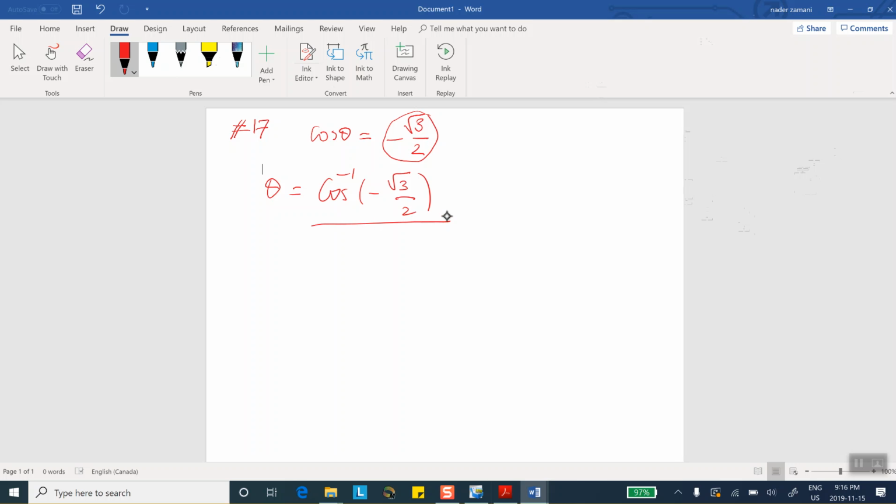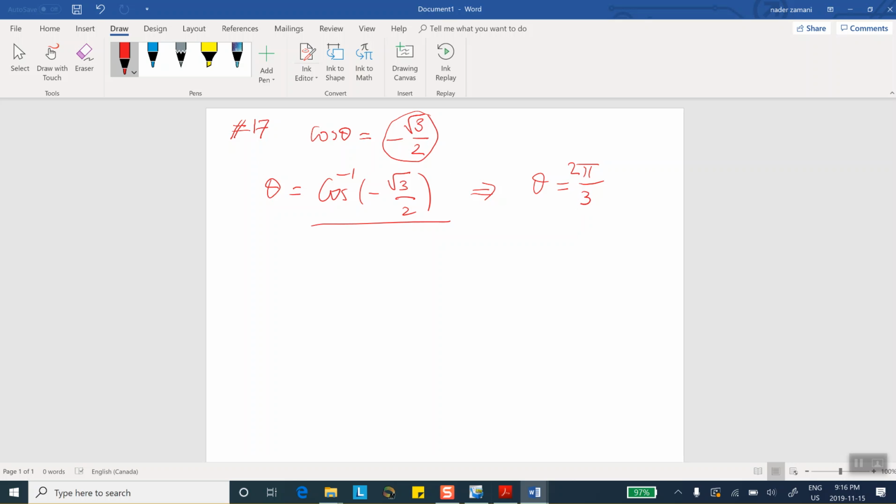Go back to your notes and find out what the range of cos inverse is, okay? So that being the case, theta is going to be 2 pi over 3, 120 degrees.